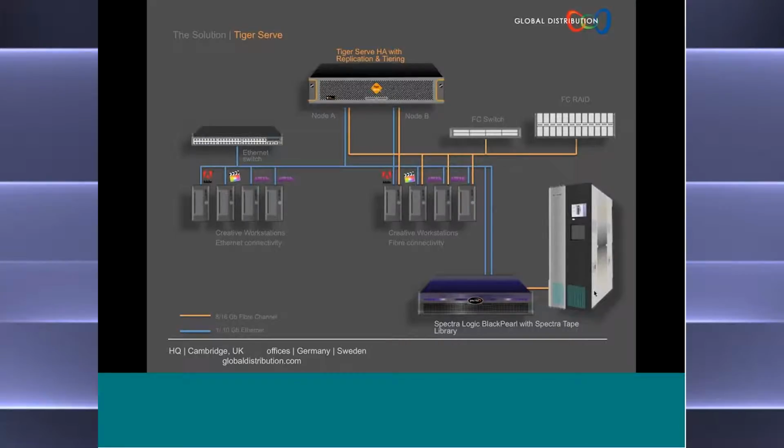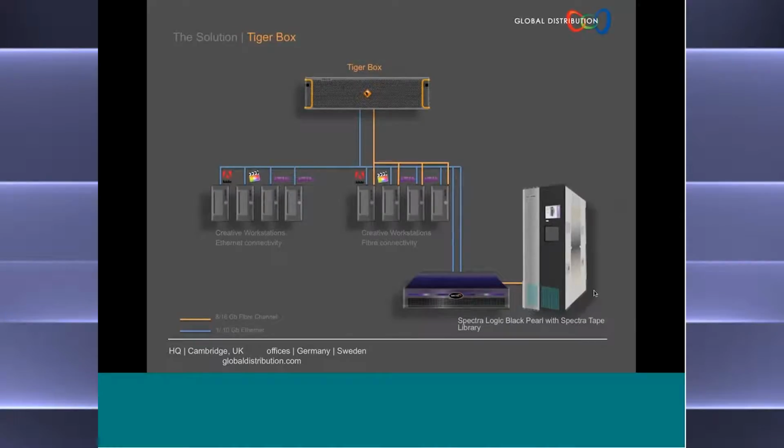Just as another quick example, we also have the Tigerbox, which is another appliance from Tiger Technologies, and this combines the metadata workflow engine and the disks into a single unit.